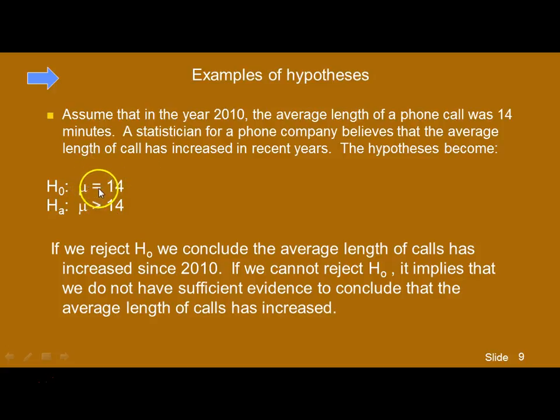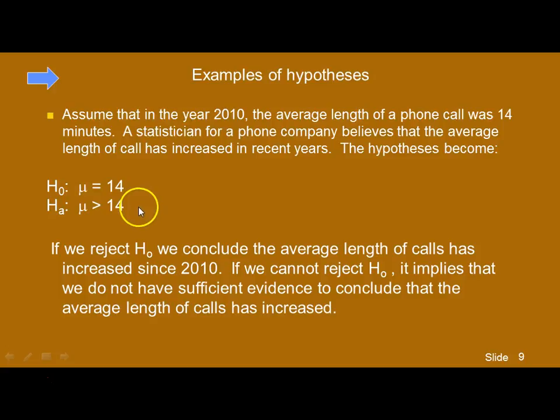And then remember our rule of thumb. We need the equals part in the null hypothesis. And that also makes sense here. Like I said a minute ago, the null hypothesis is often the way something has been in the past, or a standard. So if we knew that the average length of a phone call has been 14 minutes, we'll use that as our standard in the null or maintained view. The statistician's viewpoint here is like the research hypothesis.